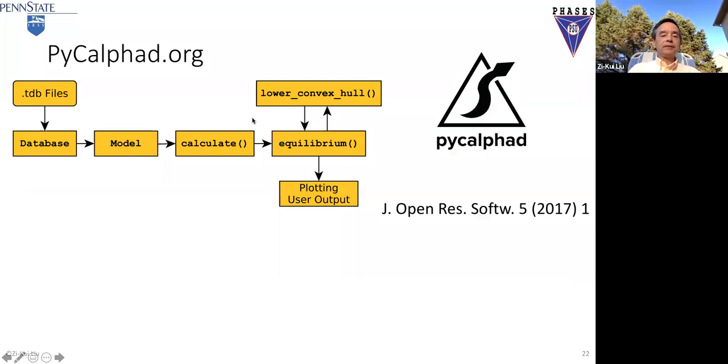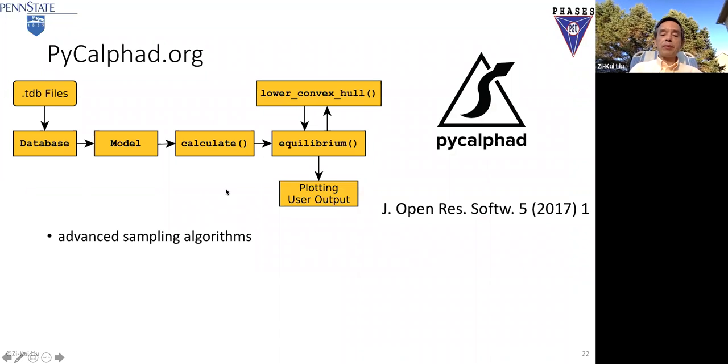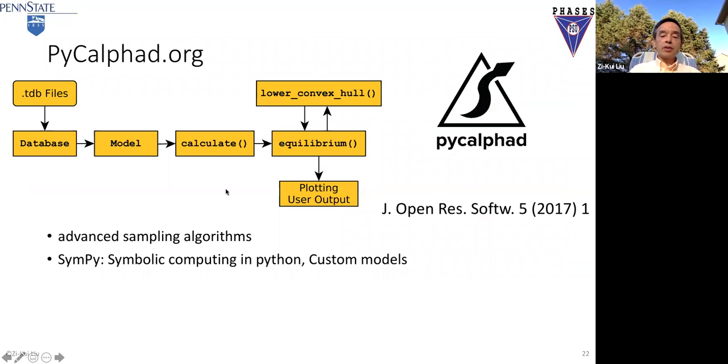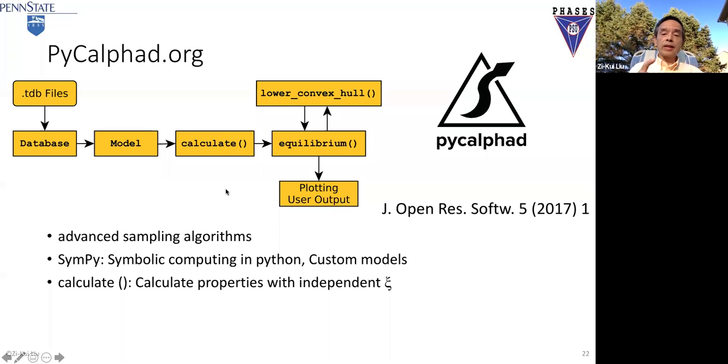And PyCalPHAD was published in 2017, the paper. It uses advanced sampling algorithms, and it uses very important symbolic computing, so the user can build their own models. And they can also calculate non-equilibrium states, and of course, the equilibrium calculation.